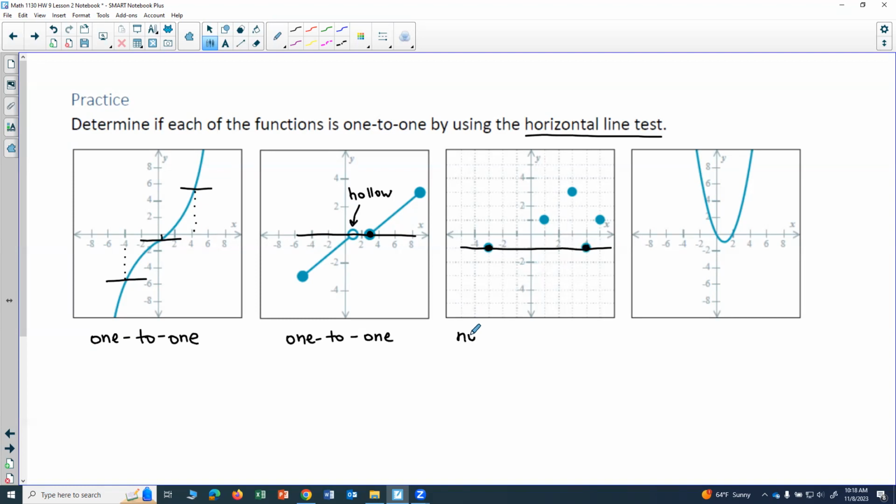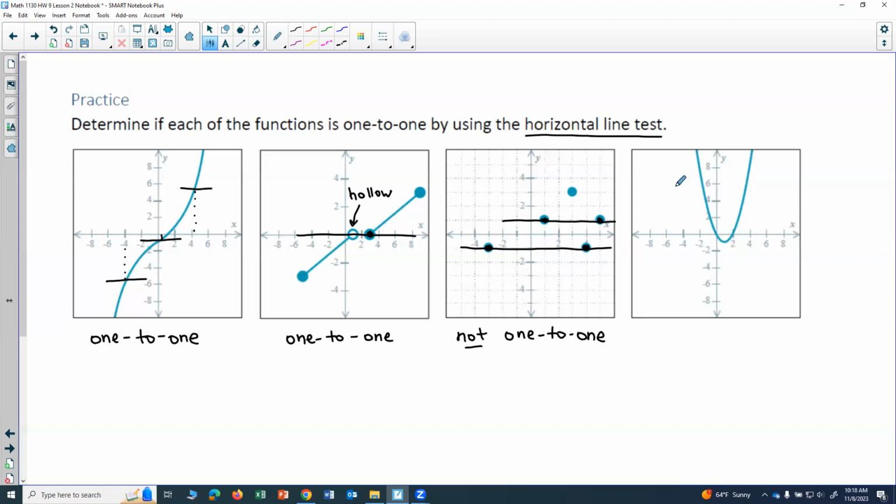And so this one would not be one-to-one. So if any horizontal line hits the graph at more than one spot, it would not be one-to-one. We also have a problem here at y equals 1 because the horizontal line hits the graph at x equals 1 and at x equals 5.